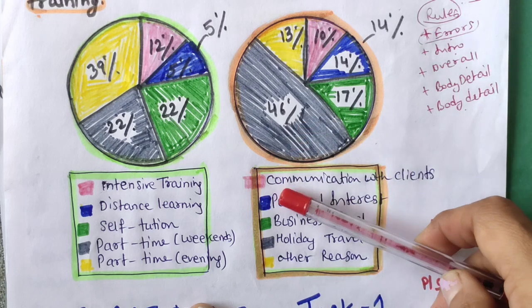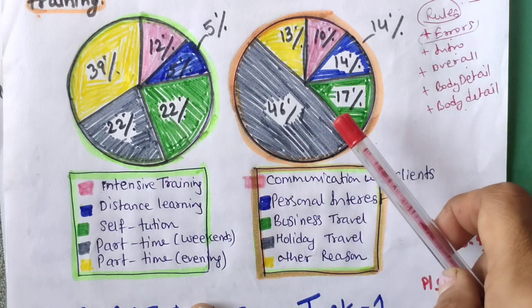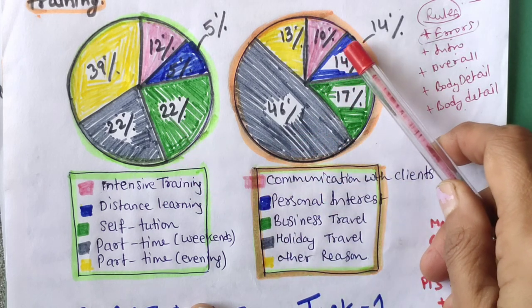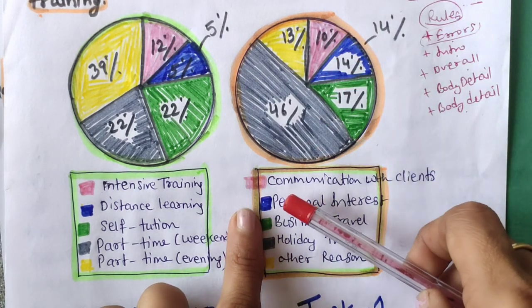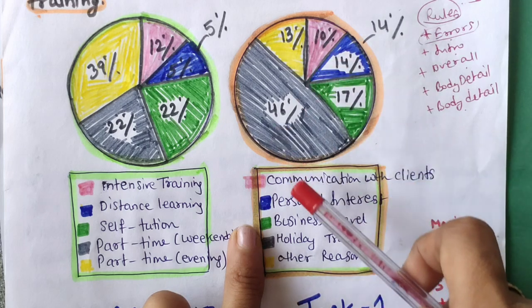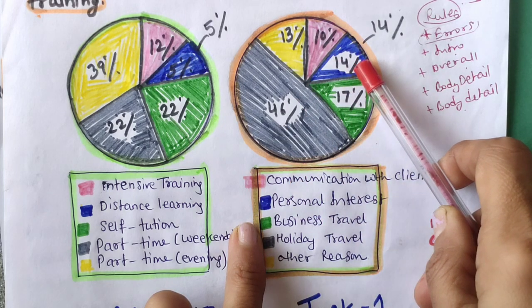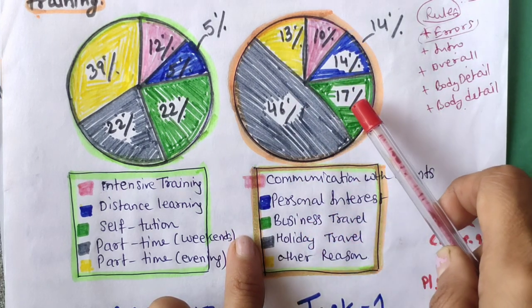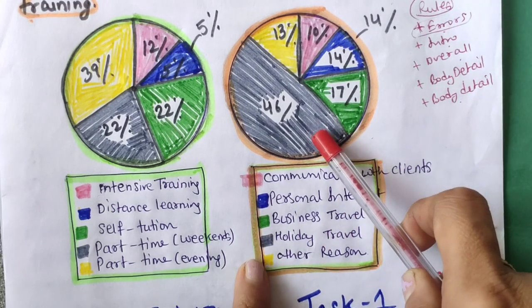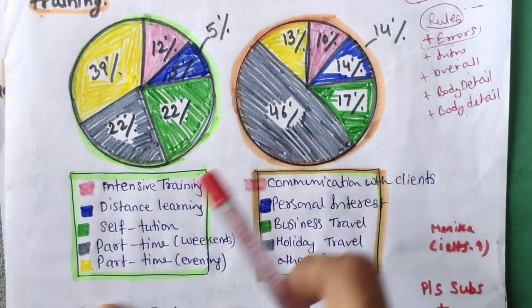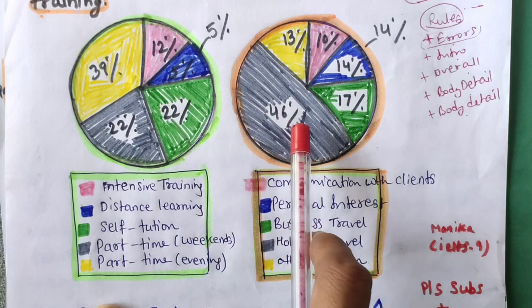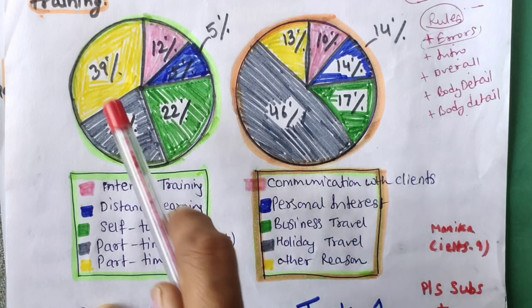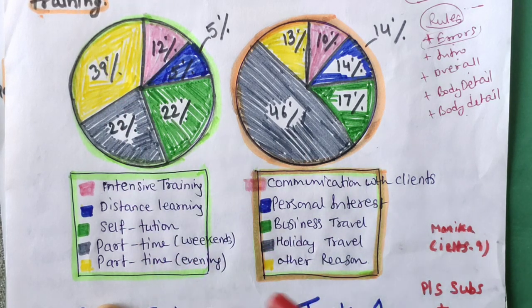Here are the reasons why they have adopted these kinds of training. Communication with clients was 10%. Personal interest is 14%. Business travel is 17%. Holiday travel is 46%. In these two pie charts, the highest category is 46%, that is holiday travel. 39% is part-time evening.